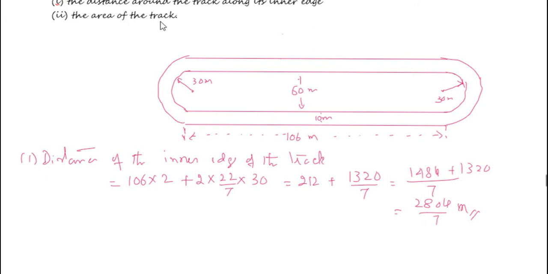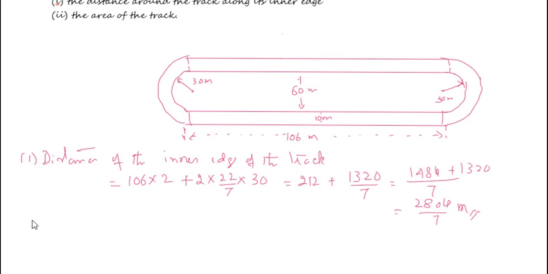Now the area of the track. This portion is a rectangular portion of 106 into 10. Same thing here, one more. Then if you combine the other portions, it is a circular ring with inner diameter of 30 meters and outer diameter of 40 meters.